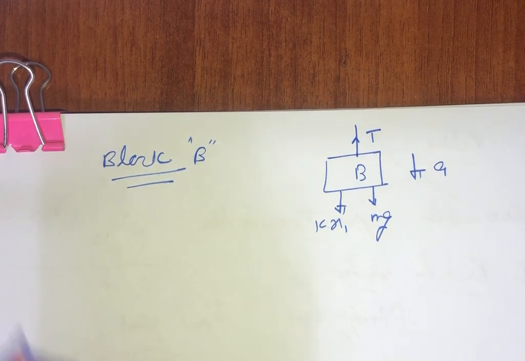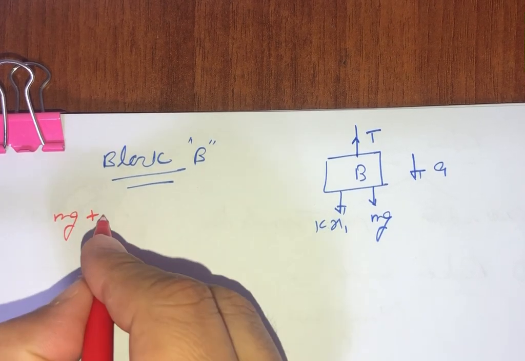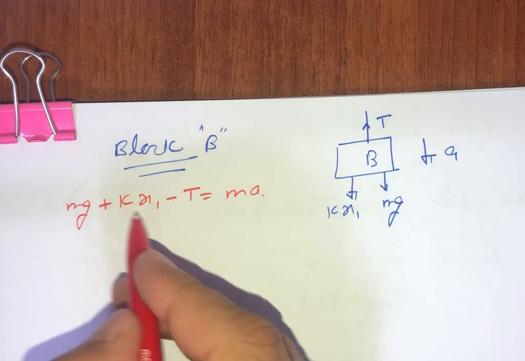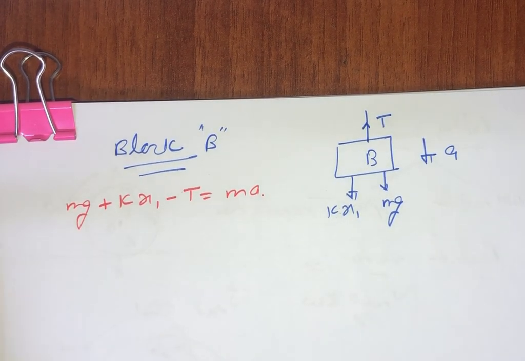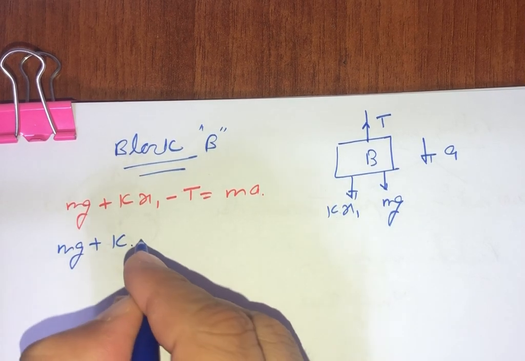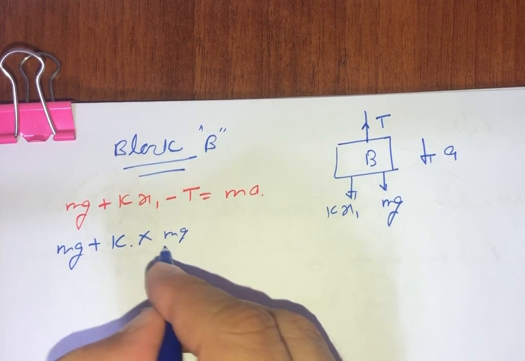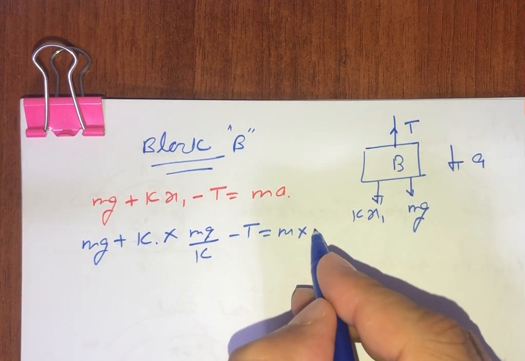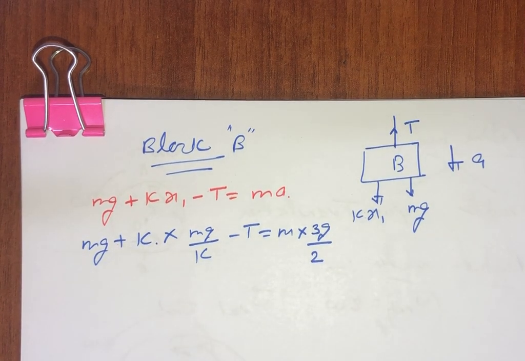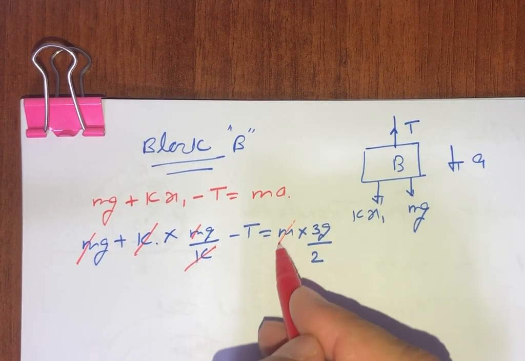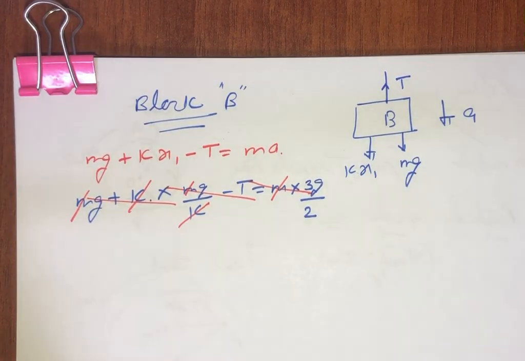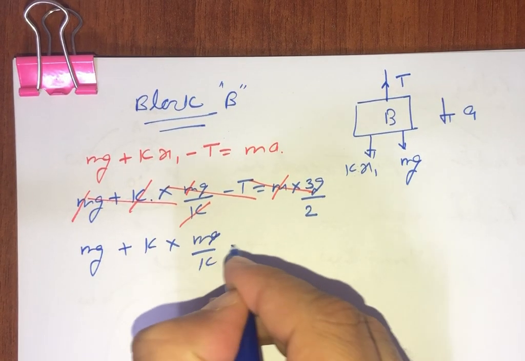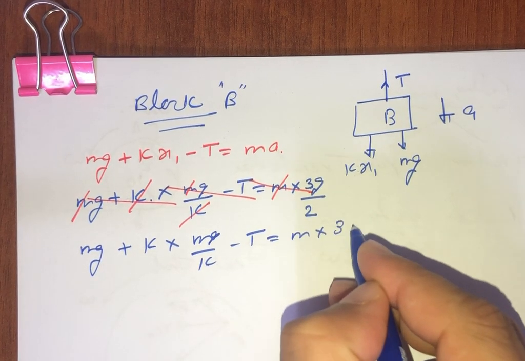So we can write the equation as mg plus kx1 minus T is equal to ma, and we also know the value of x1, so we substitute here, we can write mg plus k into mg divided by k minus T is equal to m, and we also know the value of acceleration, that is 3g by 2.